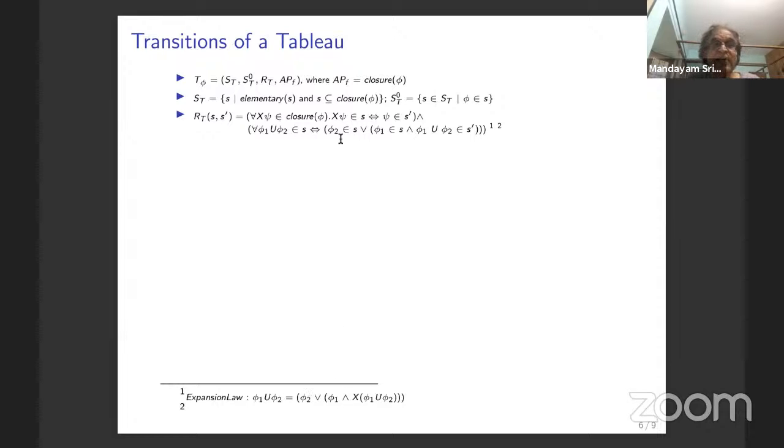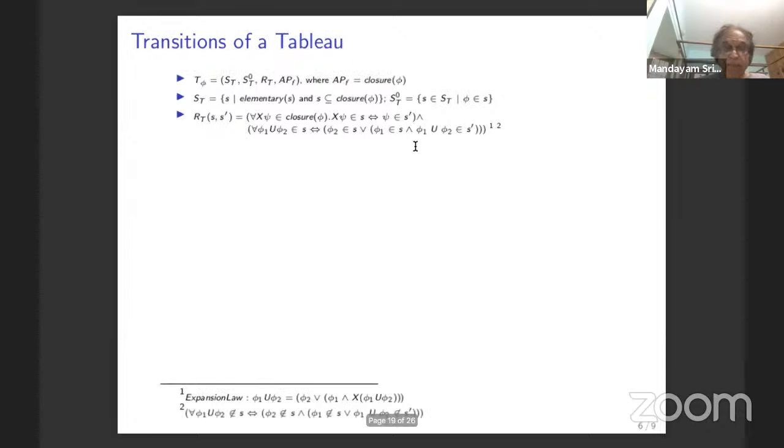Okay, so it says that if phi2 belongs to the current state, then it doesn't matter what the next state is; it could be anything. But if it is not, then you have to have phi1 in the current state, and phi1 until phi2 has to be in S prime, because you want phi1 until phi2 to be preserved for the entire path, since you're not sure if it holds right now at the current point.